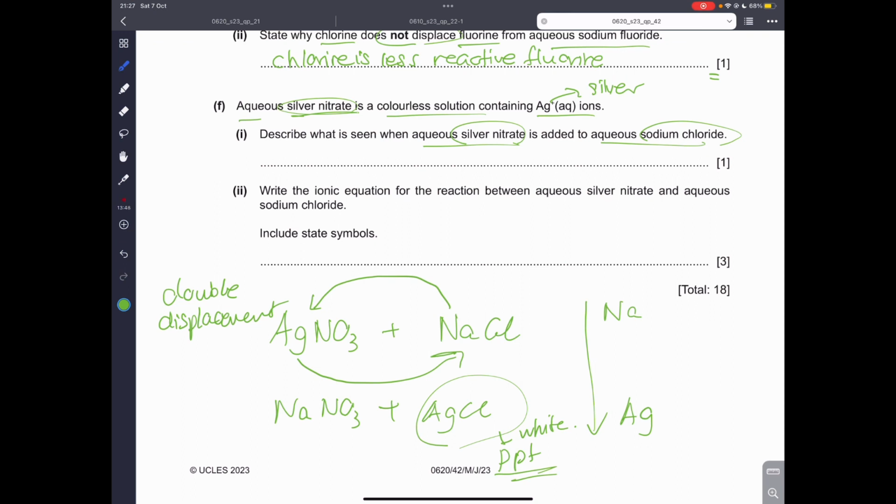You have to remember or memorize the colors of the precipitate of silver salts, or basically you have to know that all chlorides are soluble except silver and lead chloride. So here we can see that a white precipitate is going to form when we add silver nitrate to sodium chloride.